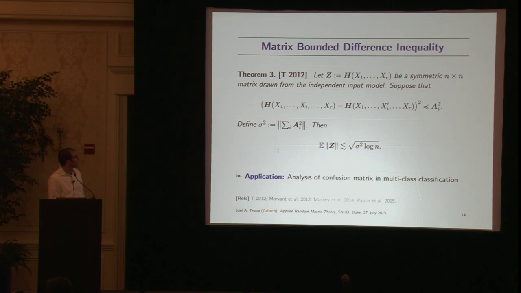And so this kind of tool is relevant because it's a very complicated function that describes how the confusion matrix is related to the input data, but nevertheless, it has these bounded differences. And this was a paper due to Morvant et al. in 2002 in which this application appeared. I think there'll be a lot more applications of this type of bounded difference inequality, but it hasn't really been widely advertised, and perhaps it has not entered people's consciousness.